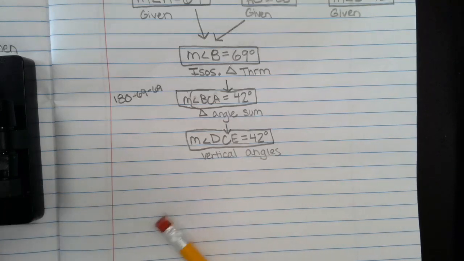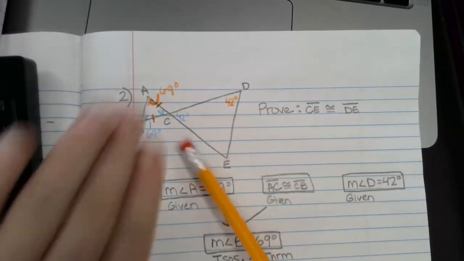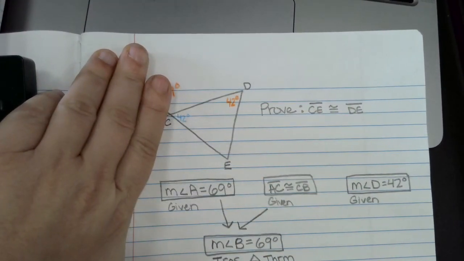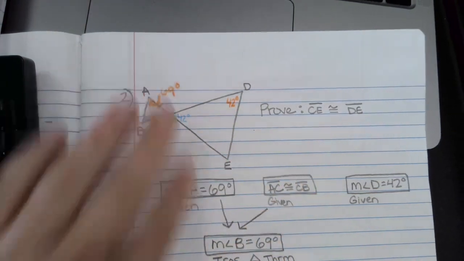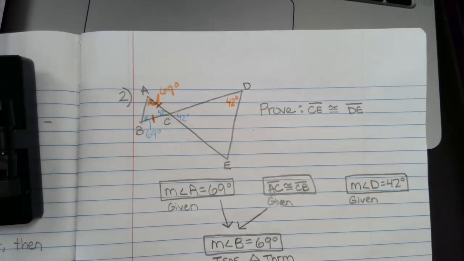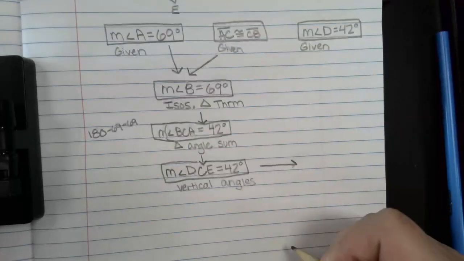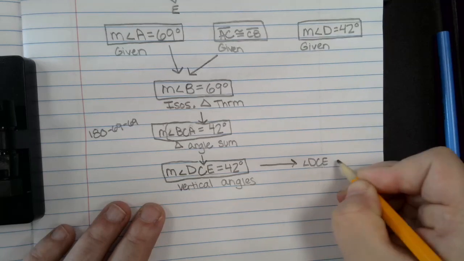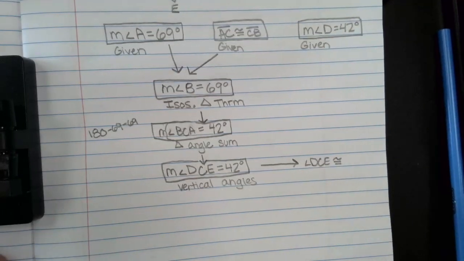But now as I look back at my picture and I look at this triangle, now I'm only going to look at this CDE triangle. What do you notice about those 2 angles that we have? They're equal. Yeah. What is another word for equal? Congruent. So down here we're going to say that they're congruent. So over here I know this is 42 degrees. So angle DCE is congruent to... What was our other angle in that triangle?